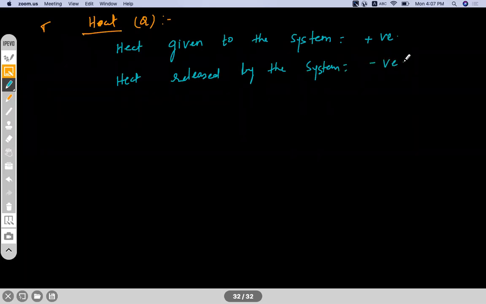This is the IUPAC convention we have. So what is heat? Heat, we have discussed, is the energy transfer that takes place because of a difference in temperature.